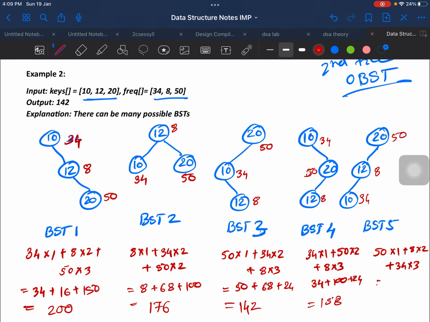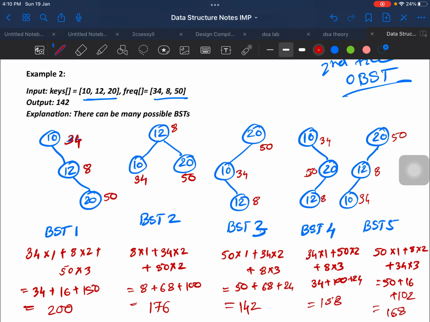So 50 into 1, that is 50, plus 8 into 2, that is 16, and plus 34 into 3, that is 102. Okay, now calculate the sum of this. 102 plus 50, that is 152. 152 plus 16, that is 168.